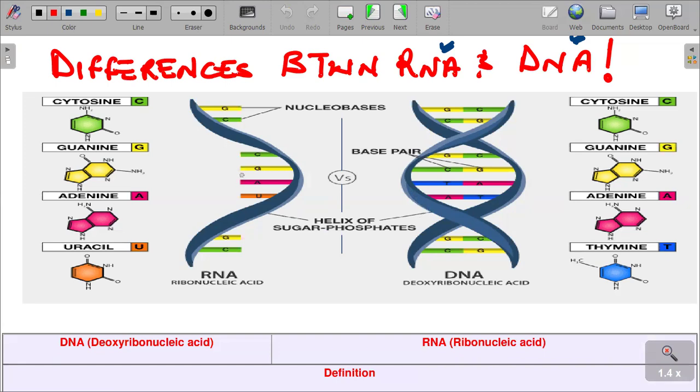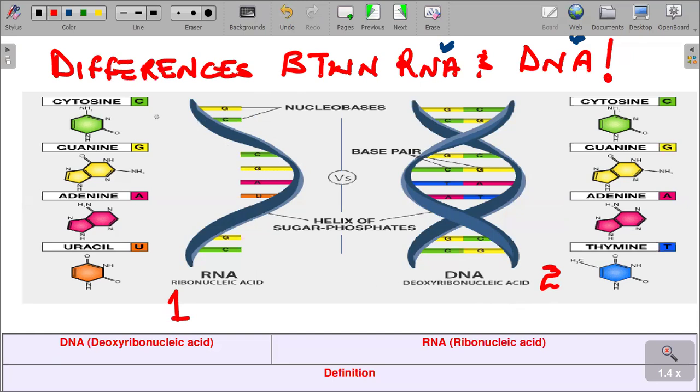We have our RNA here, ribonucleic acid, which I can label as one on this side, and then we have our DNA, deoxyribonucleic acid, which we can label as two there. Can we agree and see that.